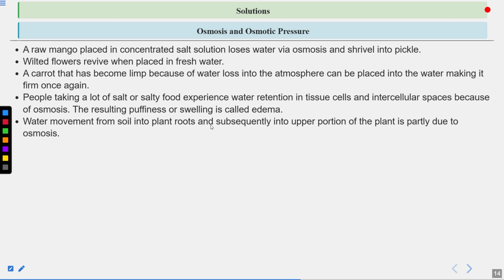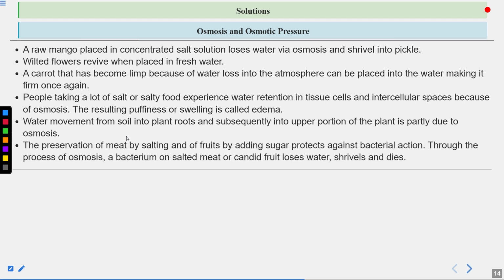Similar to that, the water movement from the soil into the plant roots is a result of osmosis. Similarly, meat is preserved by keeping it in a salty solution. You can just go through each of these points so that you can get a clear picture of what osmosis is and how it is helping in nature.